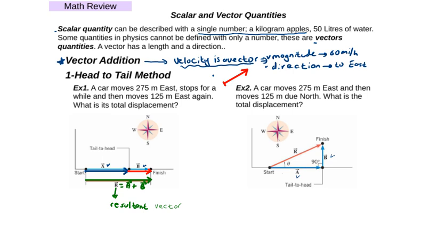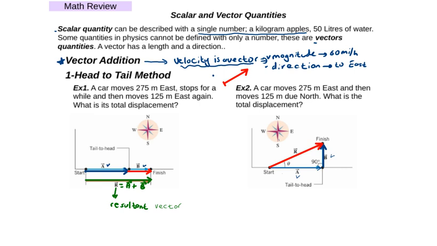I draw my A. I can carry it anywhere I wish without changing its direction and magnitude. I start my B at the end of A, draw it, and my resultant vector starts from the start of A and ends at the end of B. That's the direction. Remember, a vector should be defined with direction and magnitude. That's my R, my resultant vector.